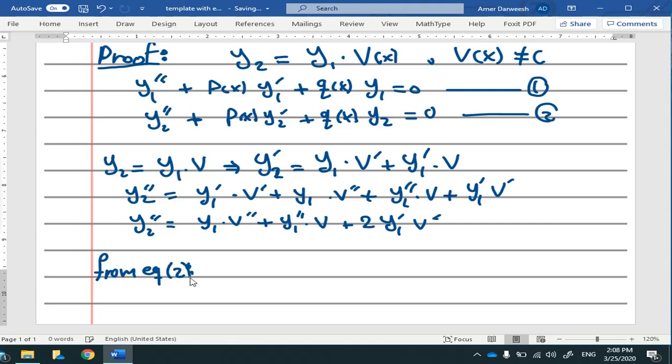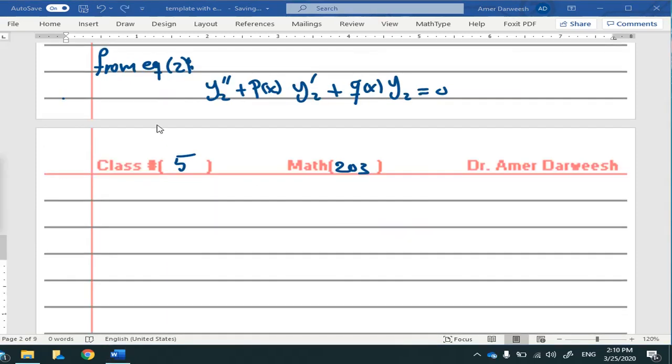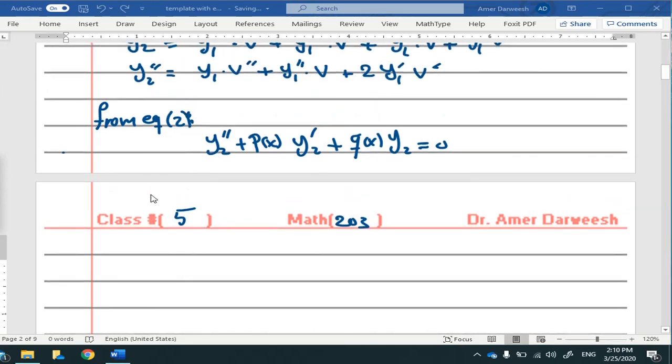So y2 double prime plus p(x) y2 prime plus q(x) y2 equals 0. Here y2 double prime is y1 v double prime plus y1 double prime v plus 2 y1 prime v prime.